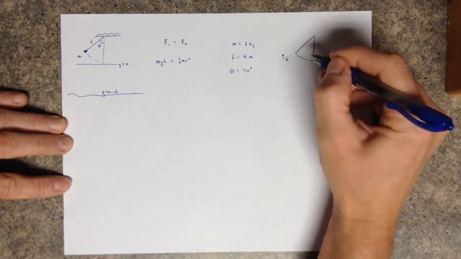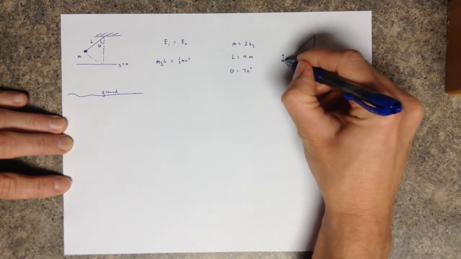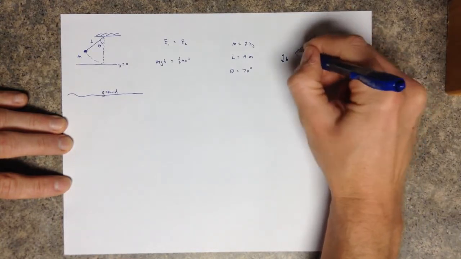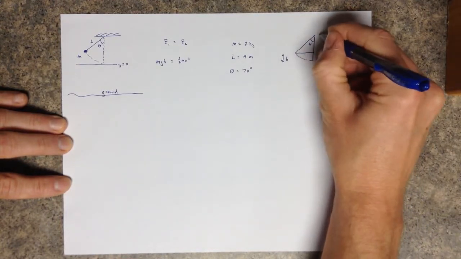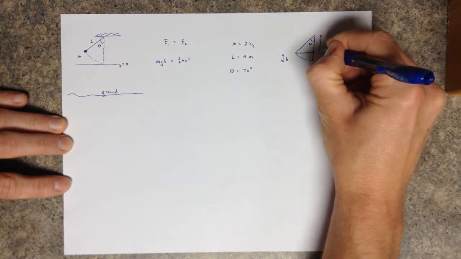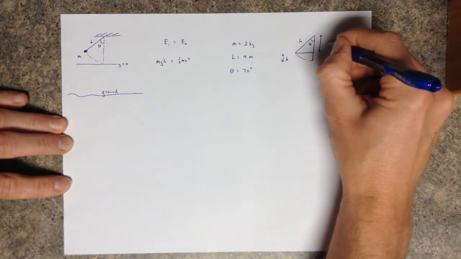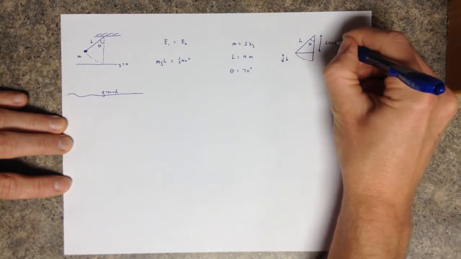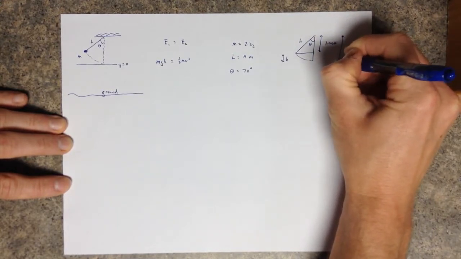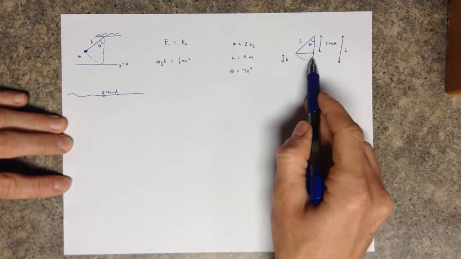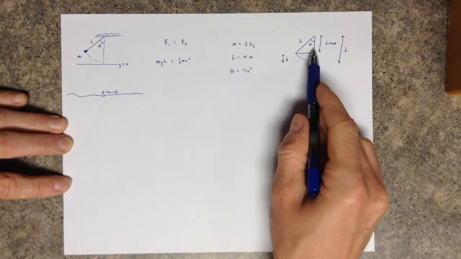This little h goes from there to there. Well, think about a little geometry here. If that's theta, this distance from here to here, if this distance is L, this is L cosine theta. But from here to here is full L. Do you see this little height change then is going to be L minus L cosine theta?